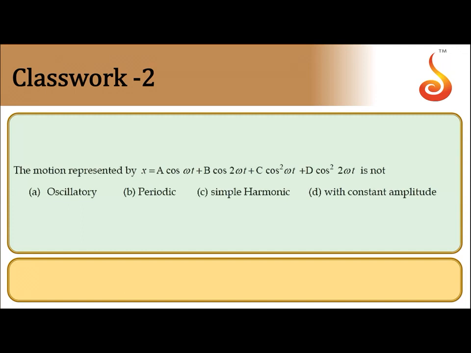So we shall move on to the next one. The motion represented by x is equal to a cos omega t, b cos 2 omega t, c cos square omega t plus d cos square 2 omega t is not oscillatory, periodic, simple harmonic with constant amplitude.